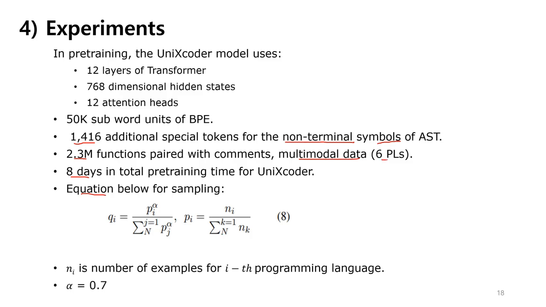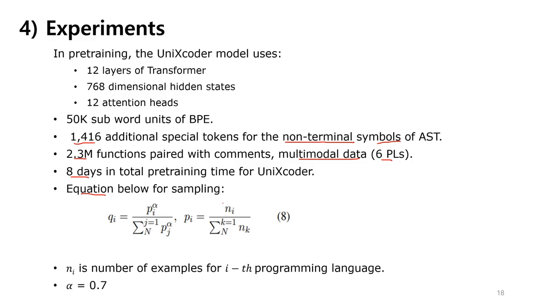Actually, these 6 programming languages do not have the same proportion of dataset provision. So in order to penalize the programming languages with high data sources, they use this formula. The alpha is a constant 0.7.